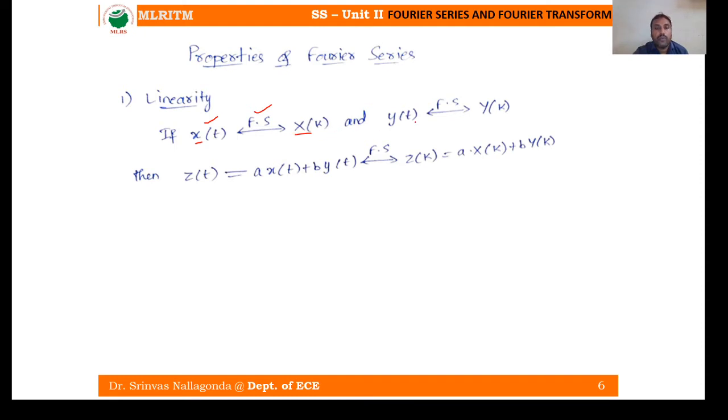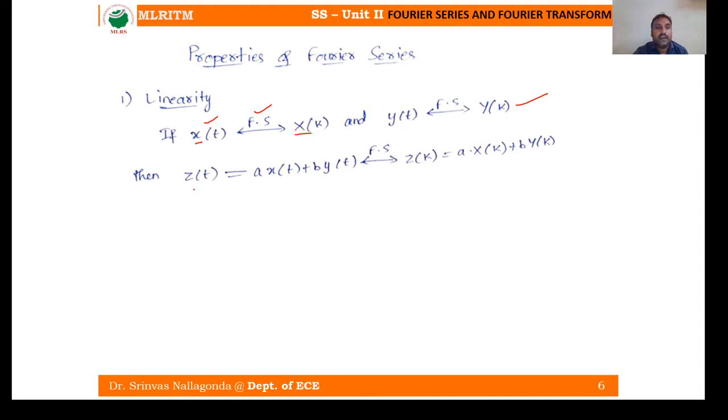And y of t, if you apply Fourier series, becomes y of k. Fourier series of x of t is x of k. Fourier series of y of t is y of k. Here there are two signals. One is x of t, second signal is y of t.